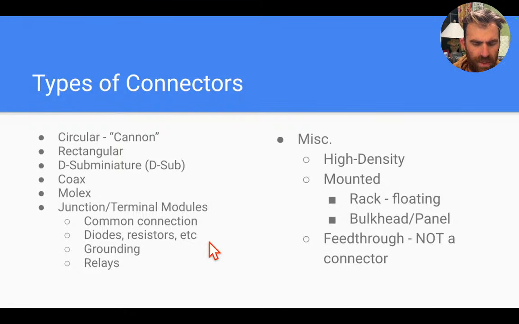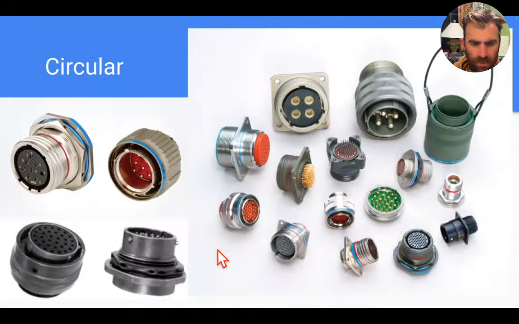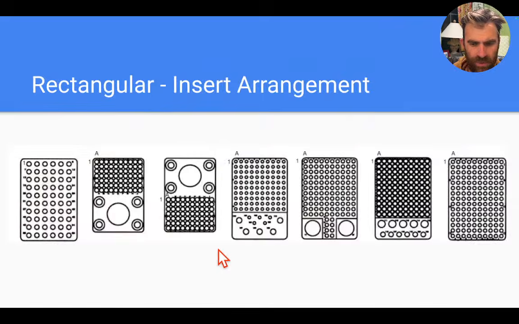And other styles of junctions or terminal modules, there can be diodes or resistors or other electrical components within them that do different functions. And then some of them can be used specifically for grounding, and there can also be modules that are used for relay applications. And so just to give a shot of what those are.